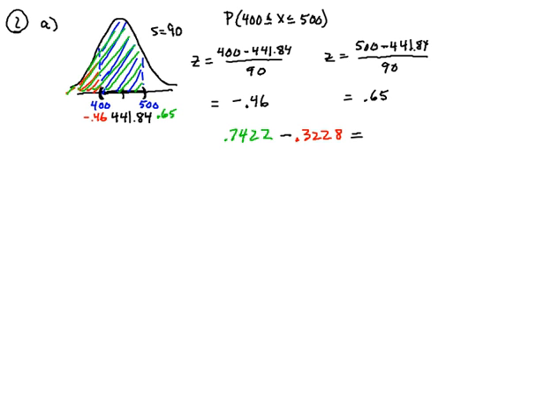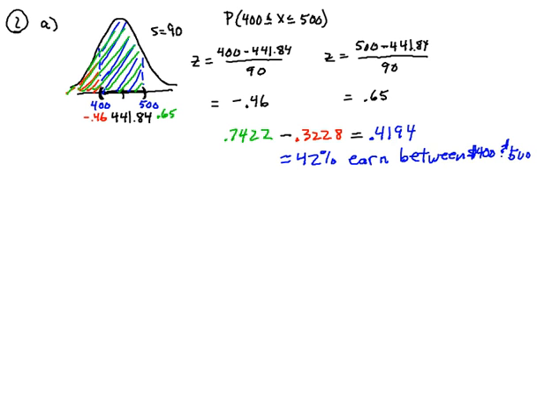Subtracting those two, I get 0.4194, or approximately 42% earn between $400 and $500. So that is part A.